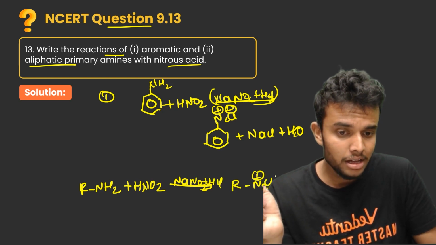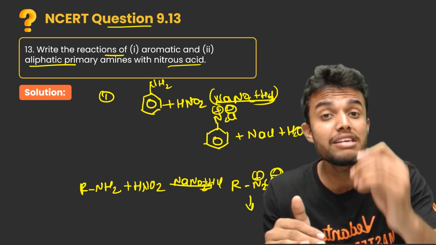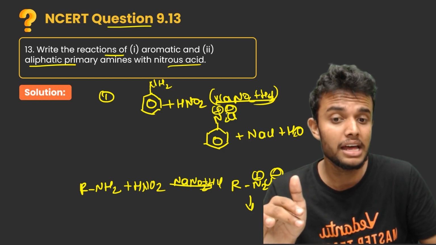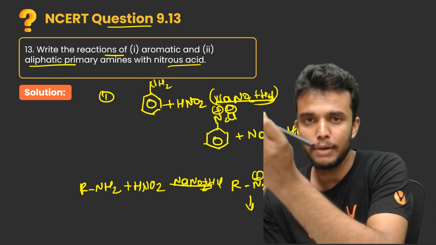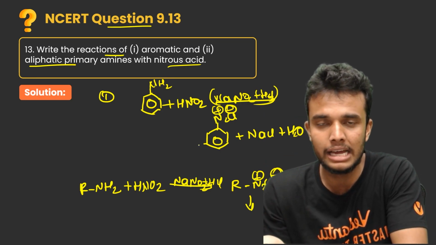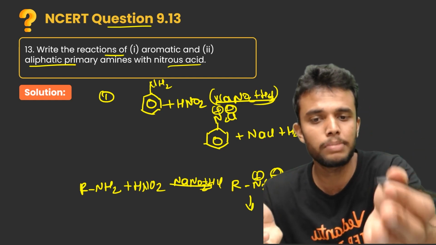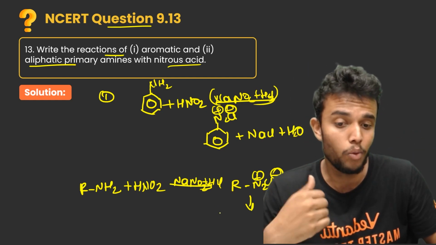But after some time the reaction does not stop at this stage in the aliphatic case, whereas for aromatic it stops at this stage. Then, depending upon the other reactant, it undergoes further reaction. For example, with CN, N2 plus Cl is replaced and benzene cyano compound is formed. But here, what happened?